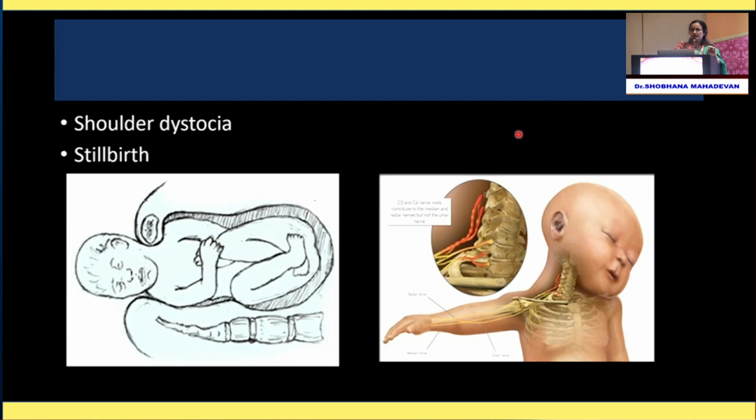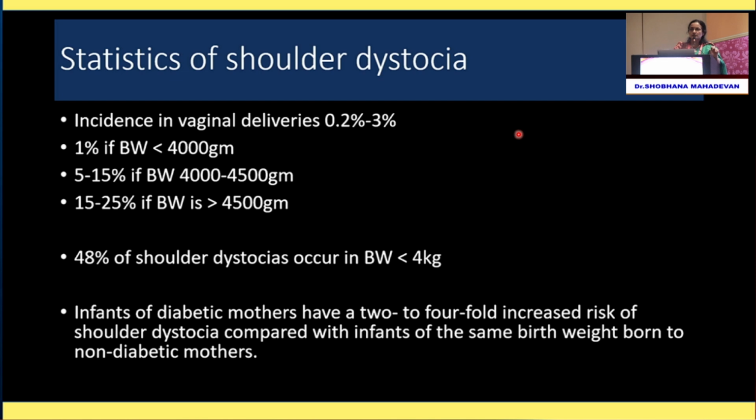Now, apart from other problems, the two feared complications that we have when we have an LGA baby are shoulder dystocia and stillbirth. So, shoulder dystocia, overall, it may be just 1% if the baby weighs less than 4 kilo. The risk increases exponentially when the baby crosses, and it is about 5 to 15% in between 4 and 4.5 kilo.